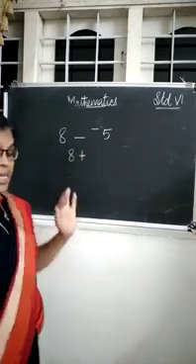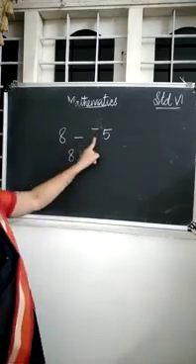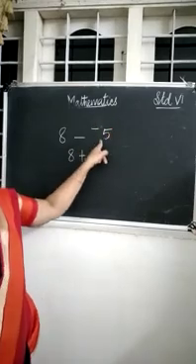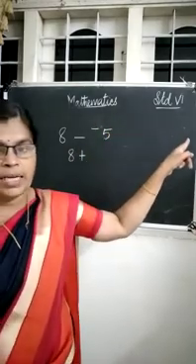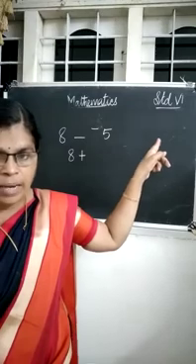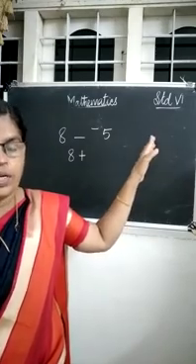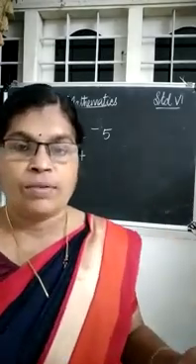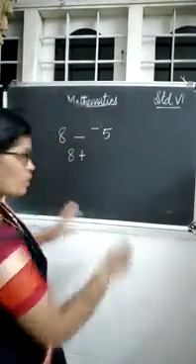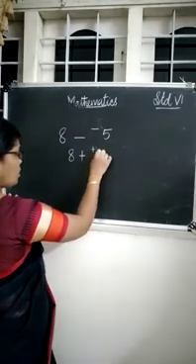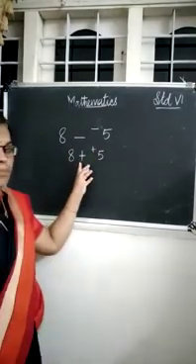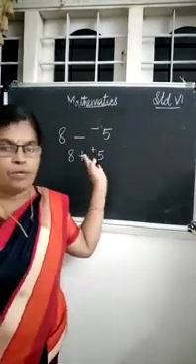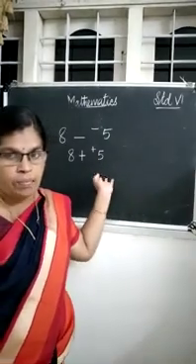8 plus, and take the additive inverse of this integer which is going to be subtracted. Here we are going to subtract negative 5, so we take negative 5's additive inverse. What is the additive inverse of negative 5? That is positive 5. Now it has become addition and we know the addition rule, 8 plus 5.